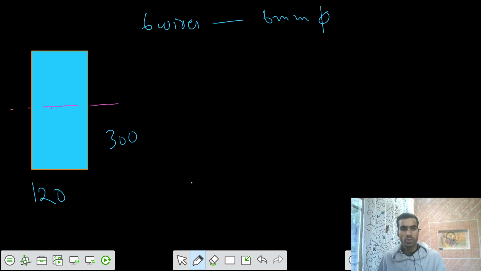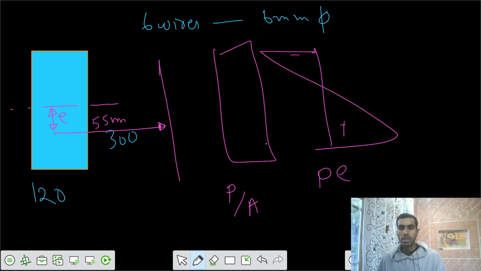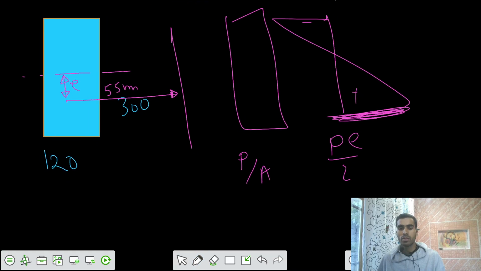This is the neutral axis, so E equals 55 millimeters. And the force P is applied on the cross section. So the stresses developed would be P by A, and one more, top tensile, bottom compressive, PE by Z. This is the top extreme fiber stress, PE by Z.